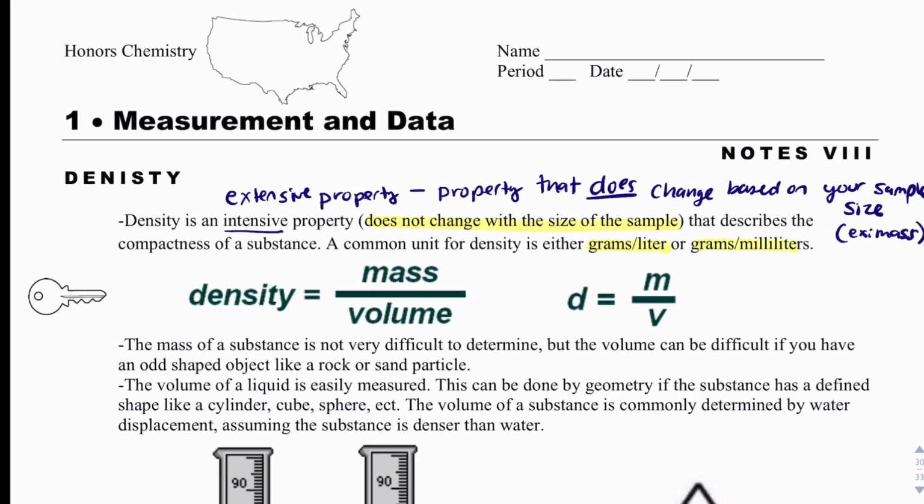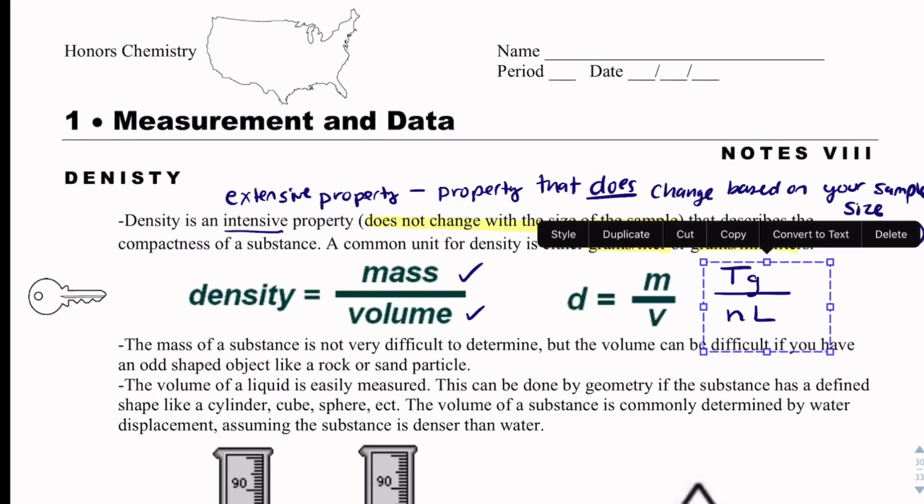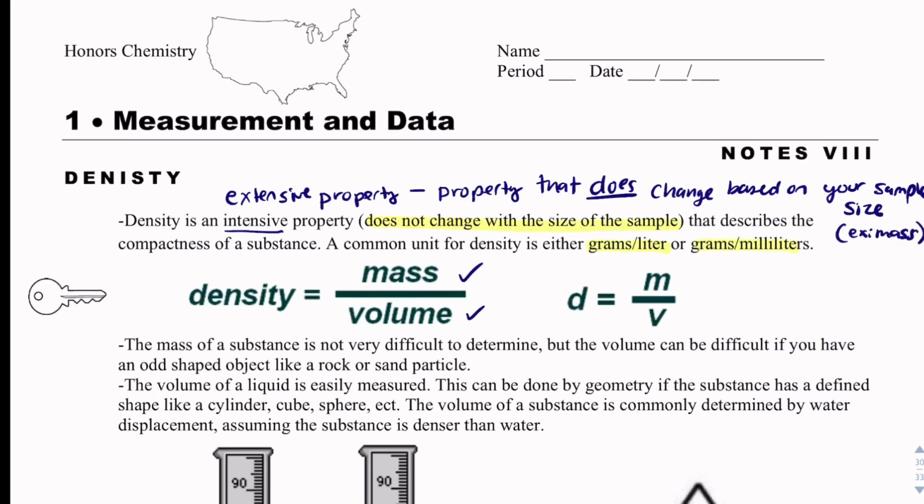Both of those are common, but if you wanted to represent your density in teragrams per nanoliters, that's not wrong. It's just not a normal way to do it because density is just mass over volume. So as long as you have a mass unit and you have a volume unit and you divide them, that is an acceptable way to represent density.